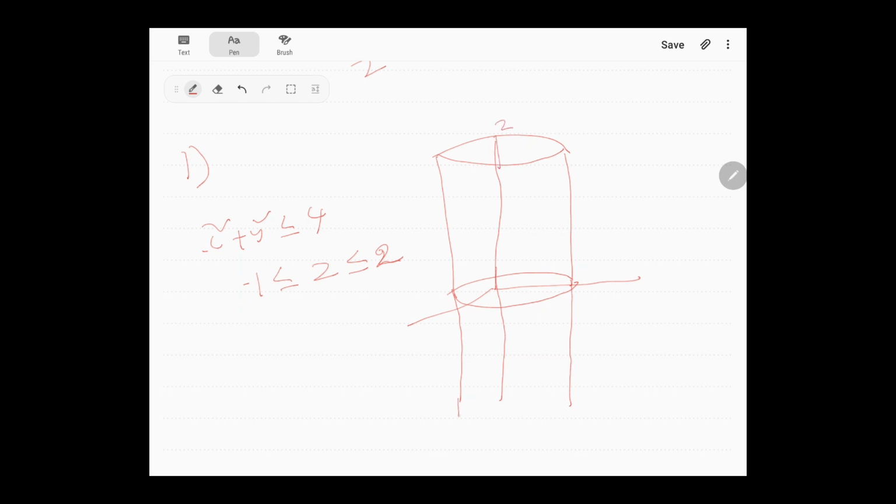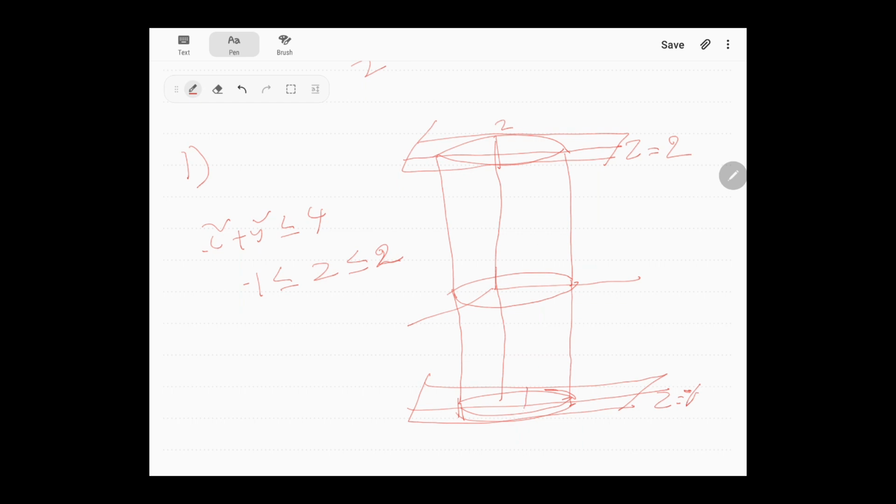So you have here some plane, this is the plane z is equal to 2, and this is another plane, z is equal to minus 1. So z varies from -1 to 2.